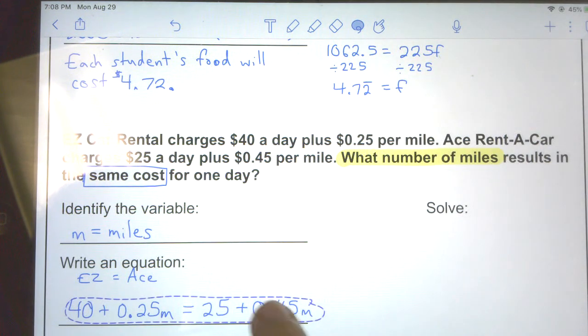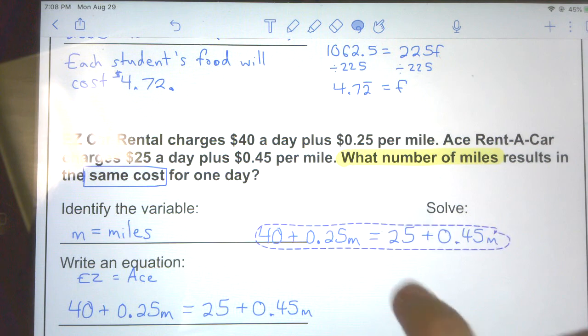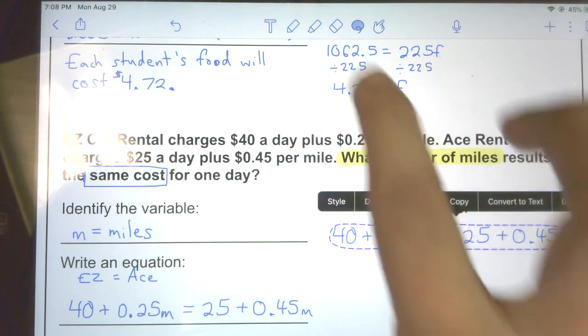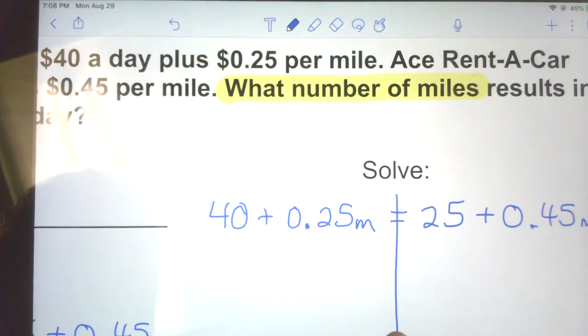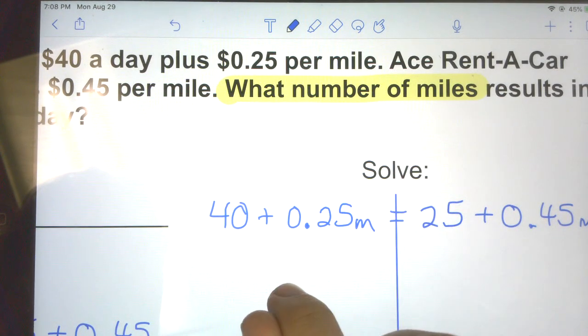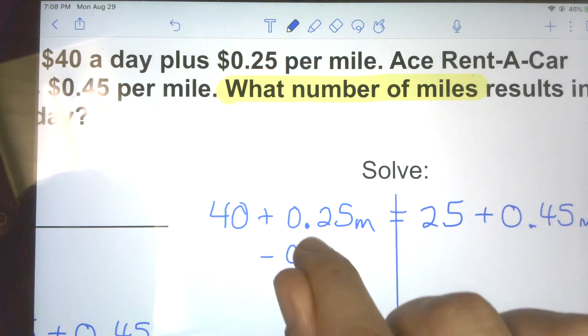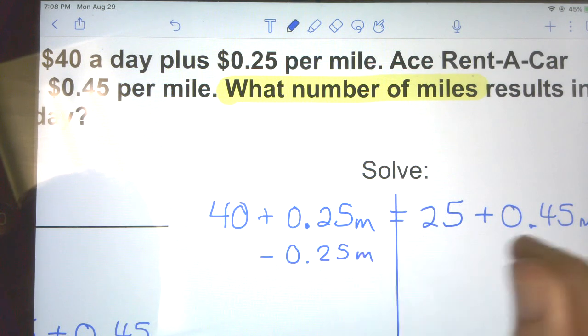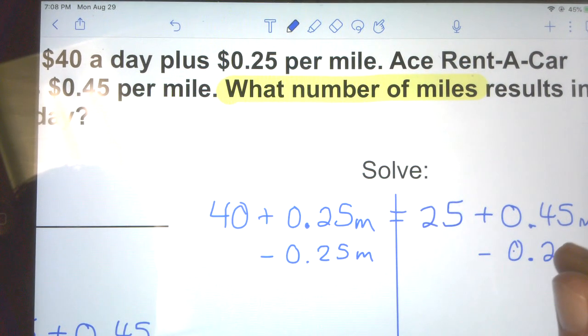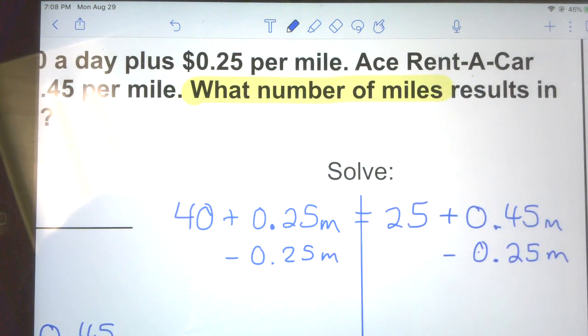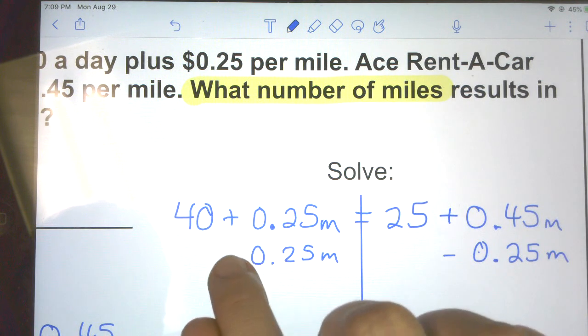I'm going to go ahead and copy this over here because that's the equation we're going to use, and we're going to solve it. So I am going to start by subtracting 0.25m on both sides. Not the only thing we can do, but it is going to result in a positive variable term.